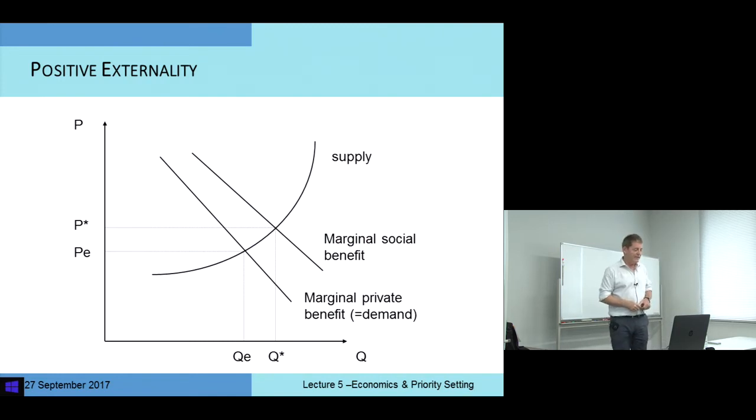It's also then easier to make comparisons between activity in the health sector and in other sectors of the economy. However, there's a number of reasons why it's very challenging to put money values on health benefits. There are methods, but there are challenges.